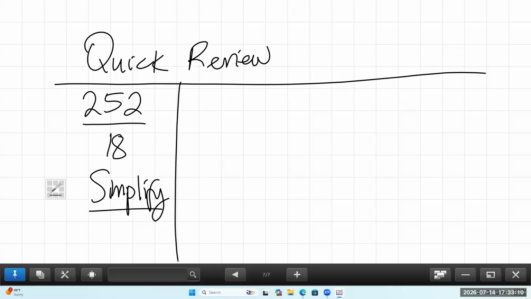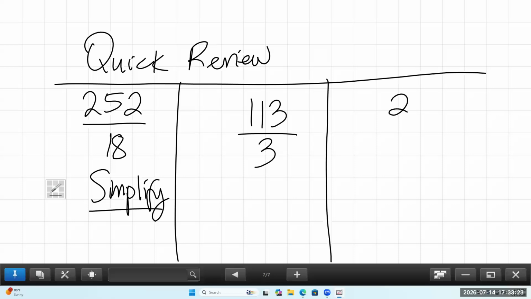So that's 252 divided by 18, and then 113 divided by 3, and then the last one, 27 divided by 15. See if you can simplify these in record time, and then we'll keep going from there. So let me just stop this here, and we'll go from there.